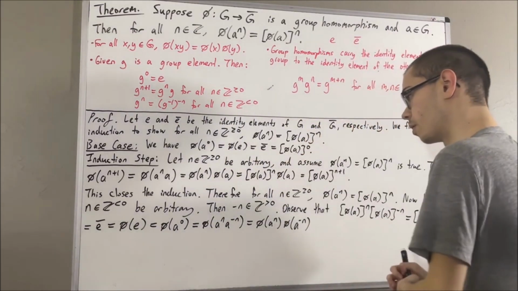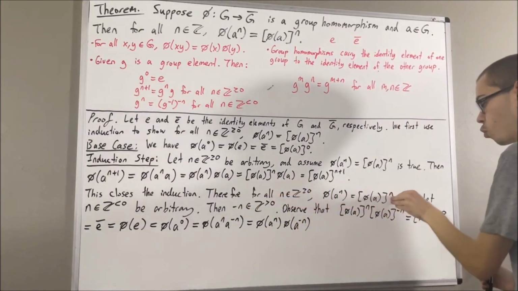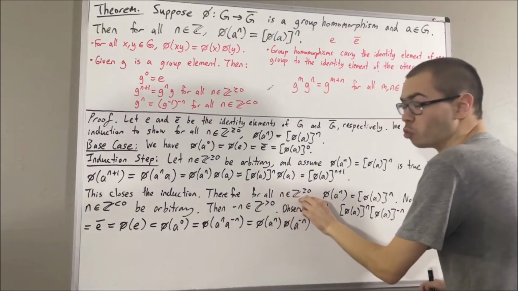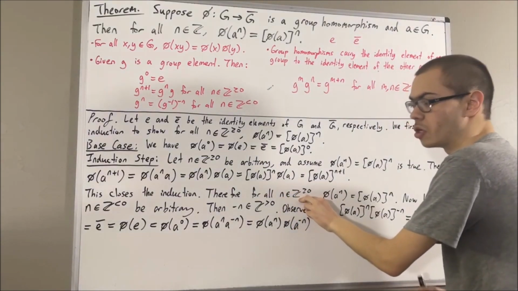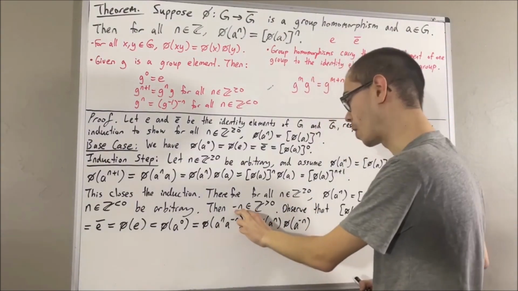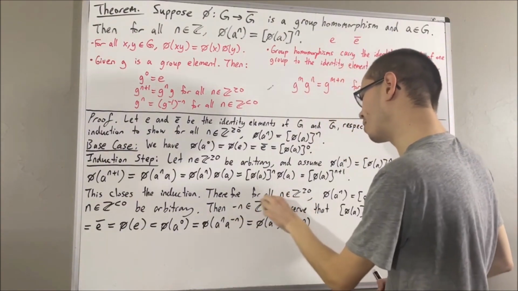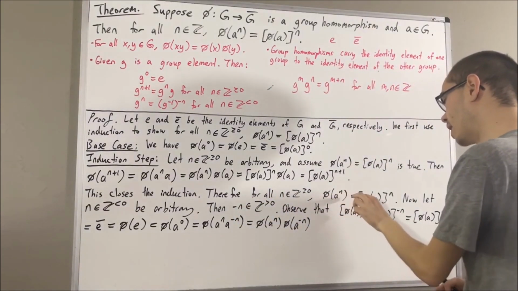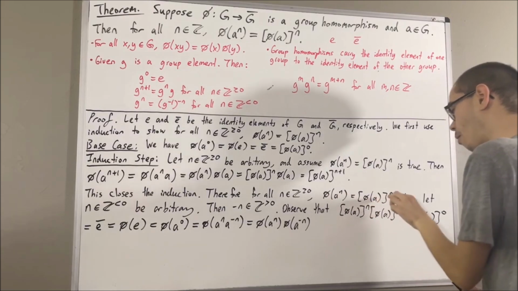And now, let's use the fact that we've just proven by induction. This equality is true for all integers greater than or equal to 0. So in particular, it must be true for the positive integer negative n that we have here. So substituting n for negative n, we have that phi of a to the power of negative n is equal to phi of a to the power of negative n.